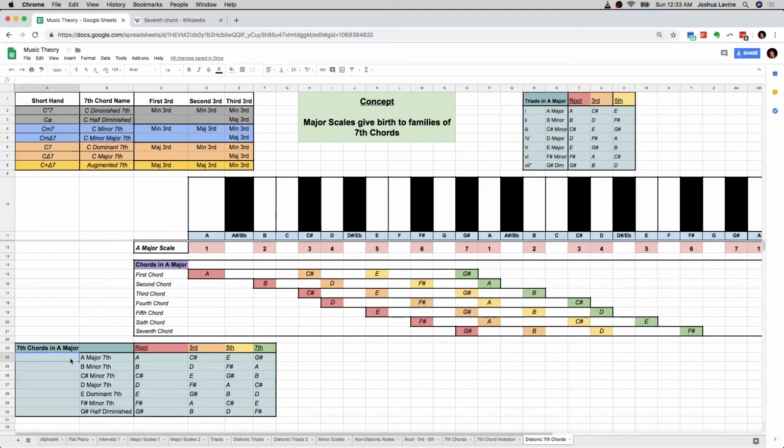All right, cool. Now let's take a look at our shorthand here, and let's go ahead and write out the shorthand. So we're going to have A major 7. So let's grab this triangle.